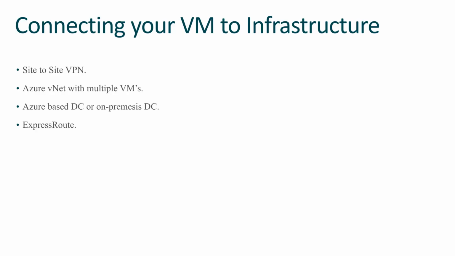And then finally, if this is a significant part of your investment, Azure supports something called ExpressRoute. Now, this is a highly optimized, very fast network connection between your local network and the Azure network using a limited number of WAN network providers.